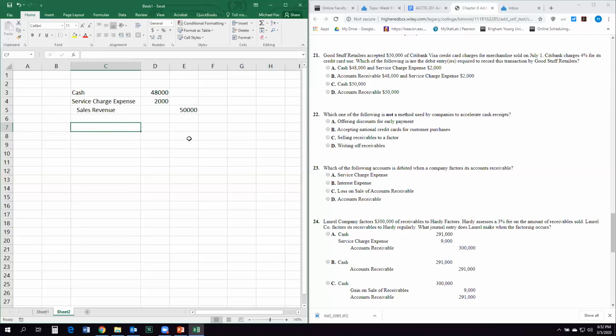Others do this net method, where they say, we know exactly what our expense is going to be. We know it's always 4% of the transaction. So they'll just do it like this. And for this chapter, they want you to do it this way, where you go ahead and enter the service charge expense at the time of sale.